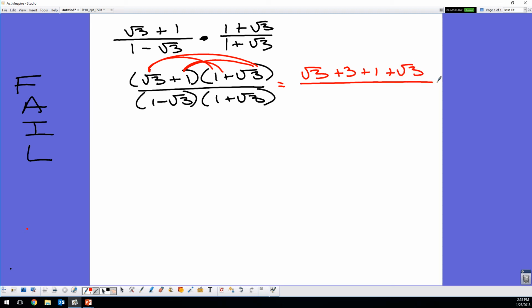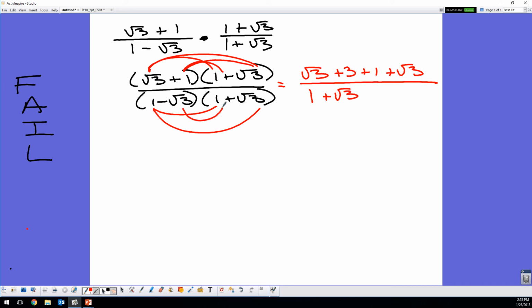Now we're going to do the same thing on the bottom. And this is where the magic has to happen. So first, it's going to give me 1. All the way across, positive rad 3.